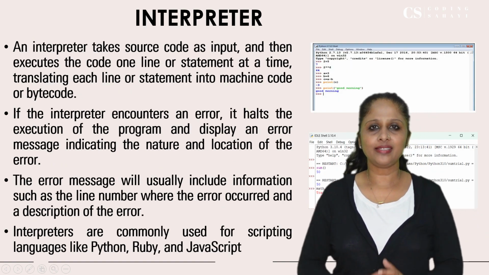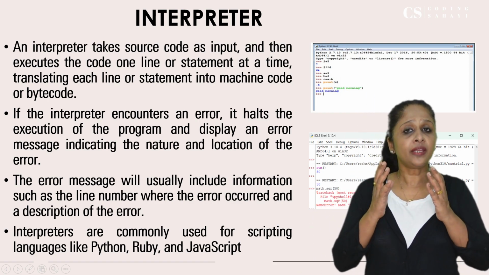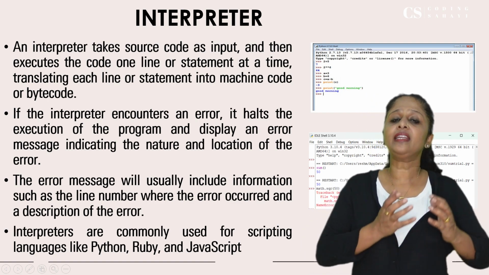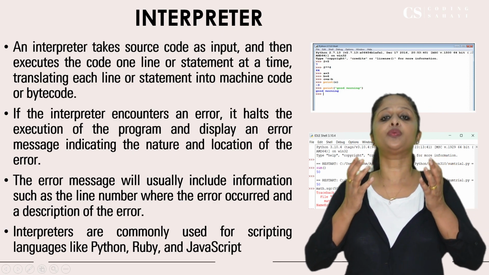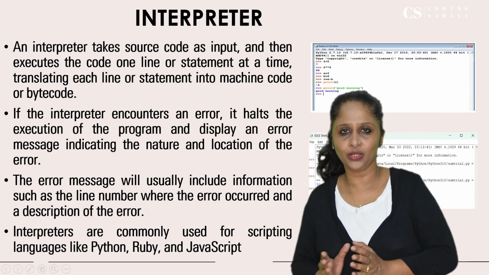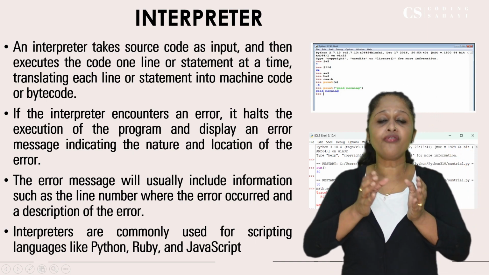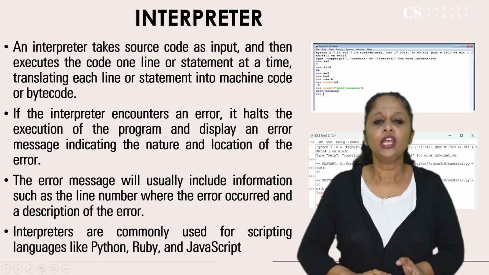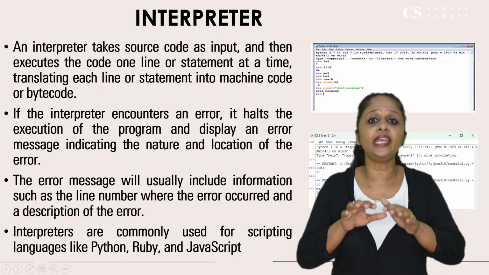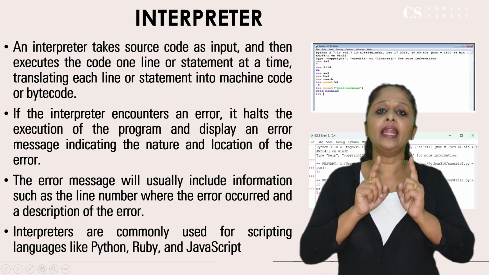So the next topic is interpreter. Interpreter also, like a compiler, converts the high level language program to its machine code. The interpreter converts each line of code in the source code to its machine code line by line, that is, one line at a time.